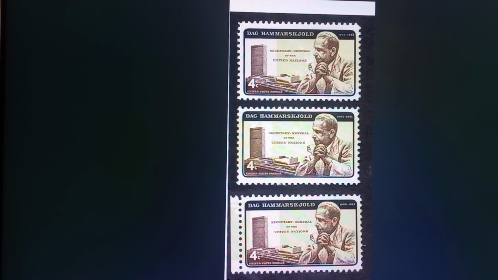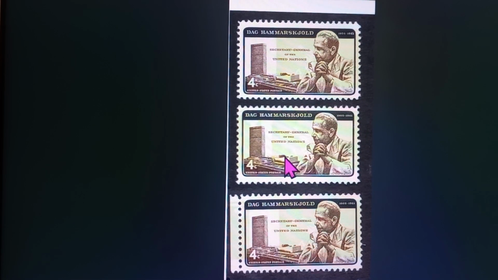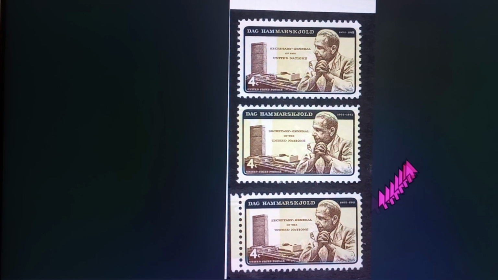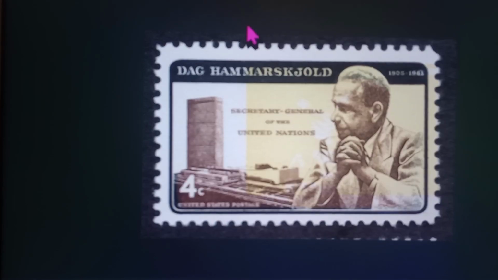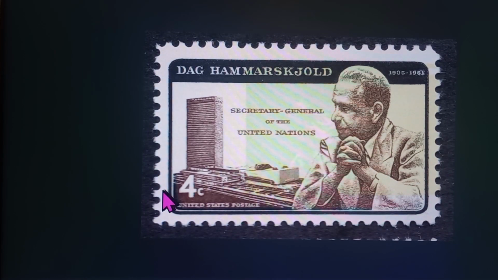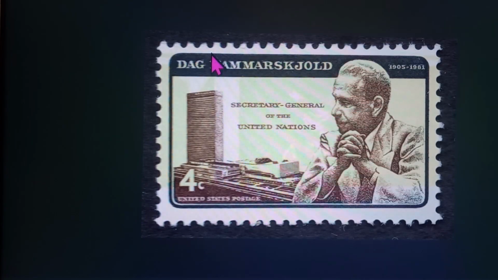Here are the 3 different stamps. This is the A, this is the B, and this is the C. Please note the A is on the left-hand side of the right-hand sheets. It's all white on the left-hand side of the stamp, and the rest of it's yellow. The B stamp is partially white here near the UN building with the yellow streak coming down and then the yellow over here.